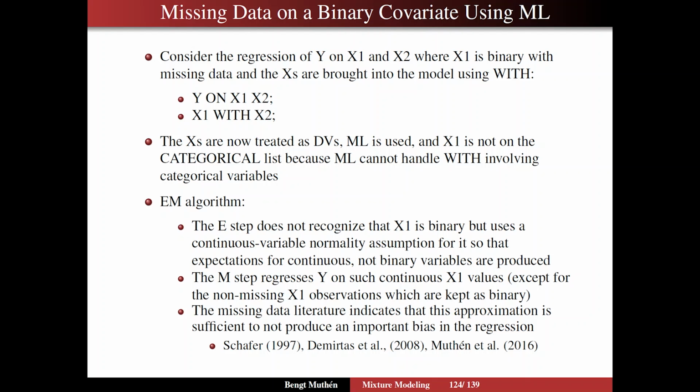By saying WITH, our x's are now treated as dependent variables in Mplus, so we're estimating their whole distribution, the parameters of their distribution. Now x1 is not on the categorical list because ML cannot handle WITH involving categorical variables. There's no parameterization for it.